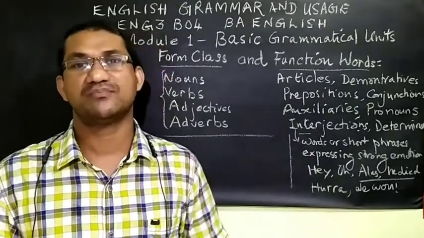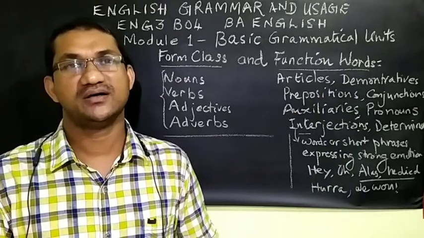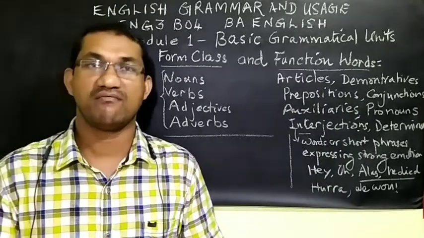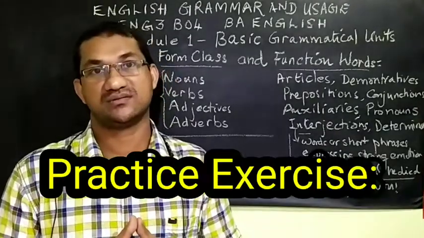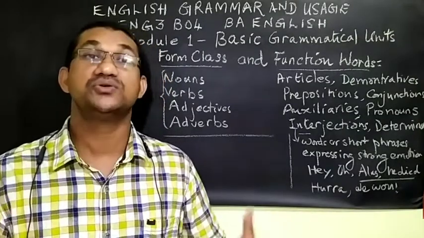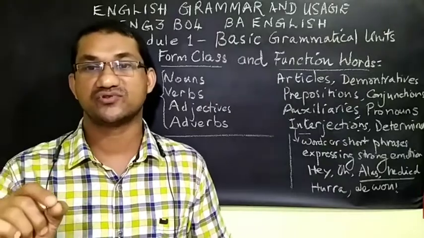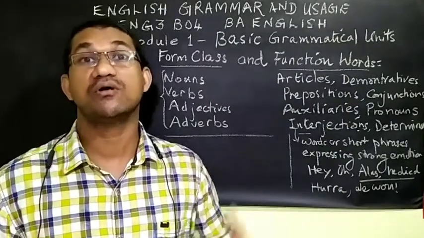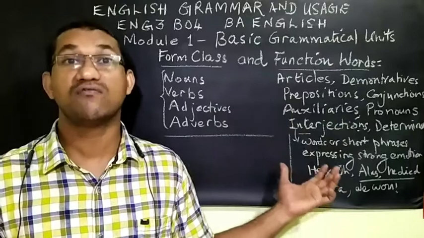And now we come to page number 16. In page number 16 we have practice exercises. Here we are asked to do certain things. First is to write short notes on form classes. What are form classes?